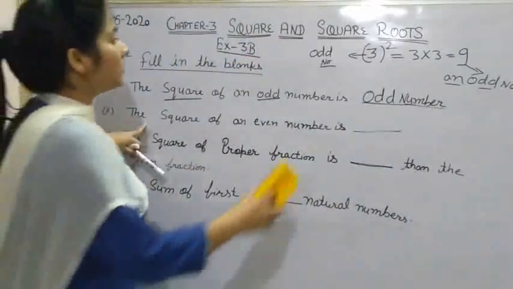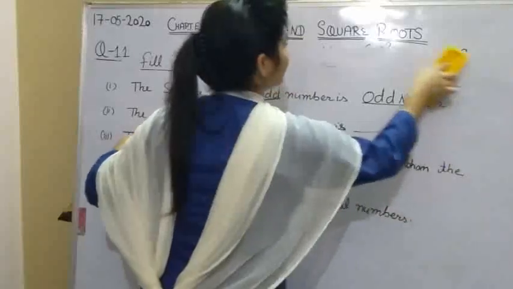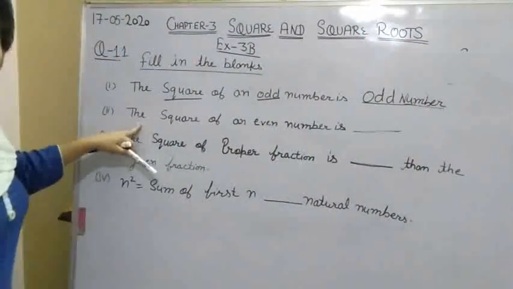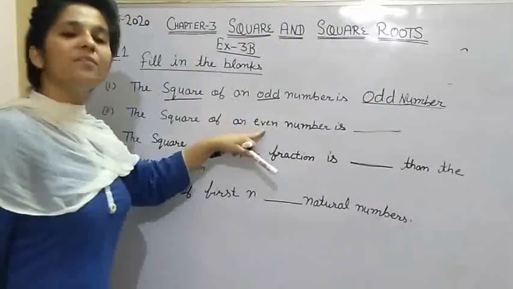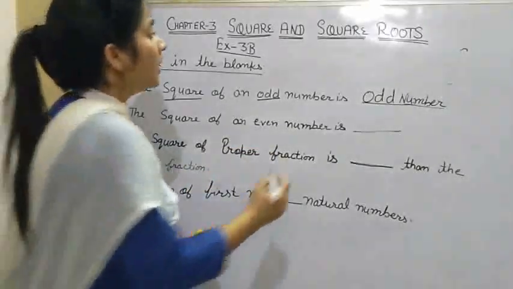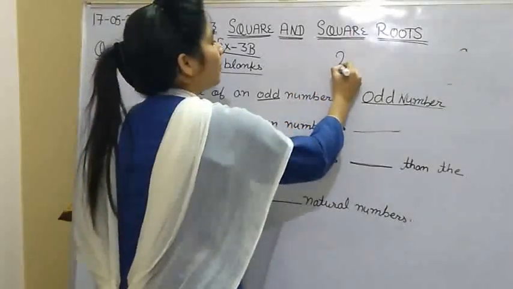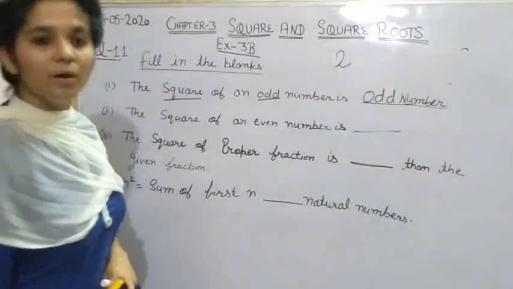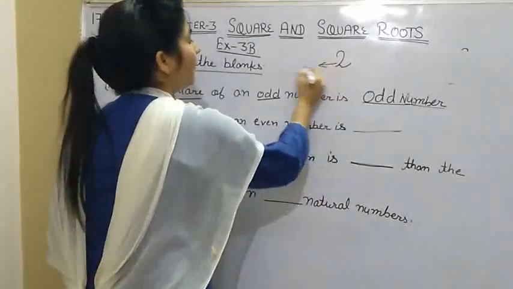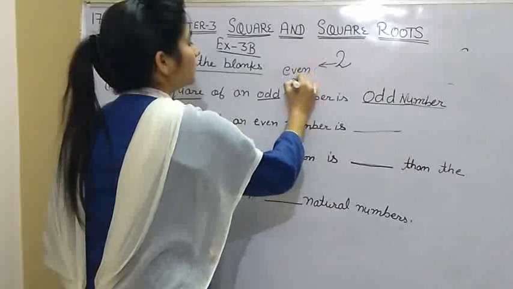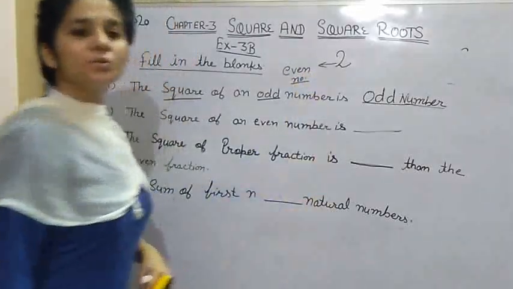Your second part is the square of an even number. Now, we will take an even number. The even number is 2.